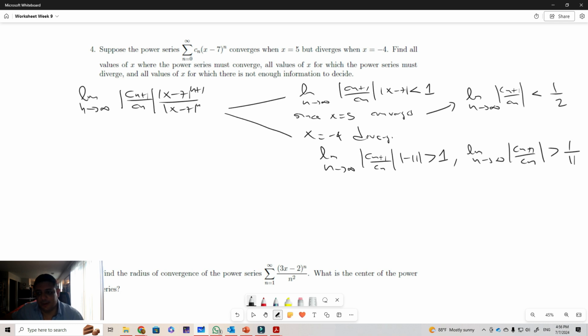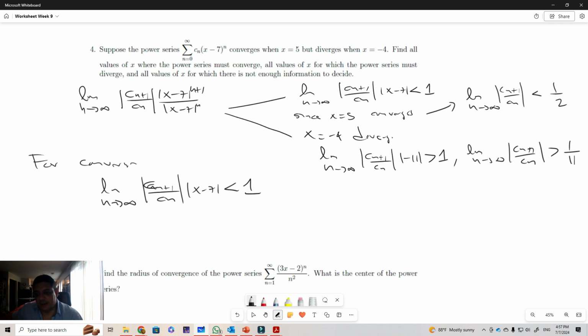So for example, for general convergence, I need that the limit when n goes to infinity of Cn plus 1 over Cn times the absolute value of x minus 7 be less than 1.